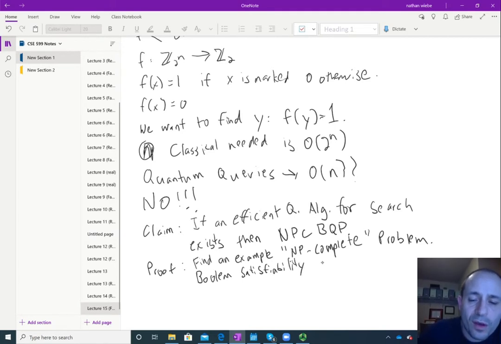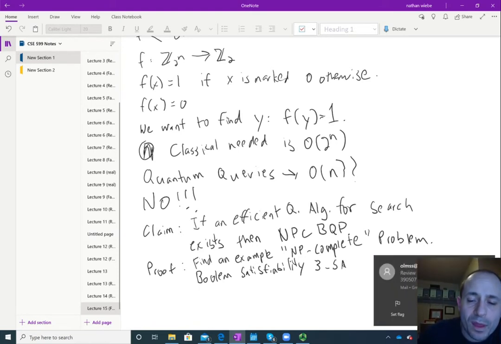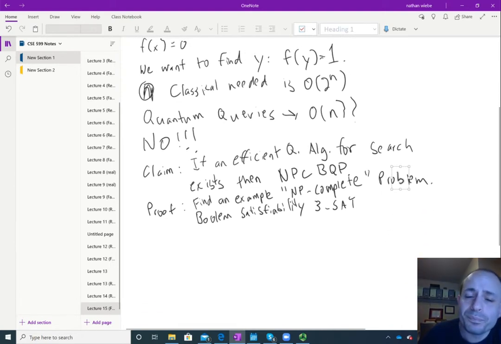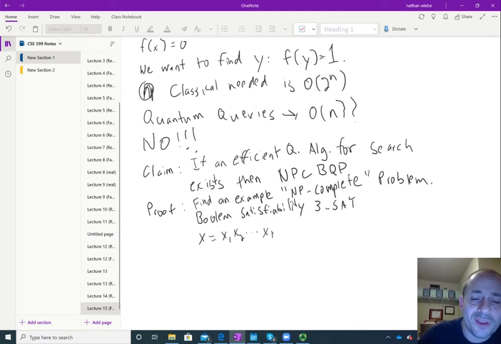such as 3-SAT. The way that 3-SAT works is that it takes, for example, a bit string x, which I'll call x1, x2, all the way down to xn.